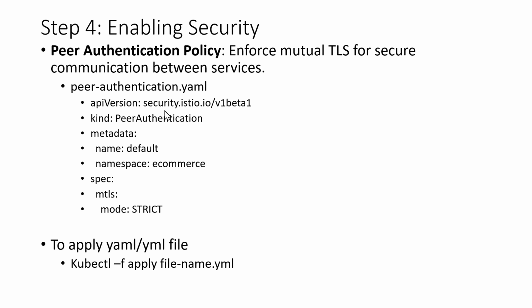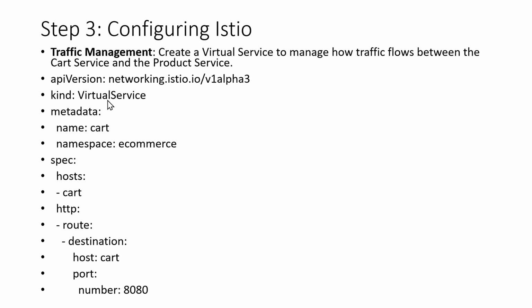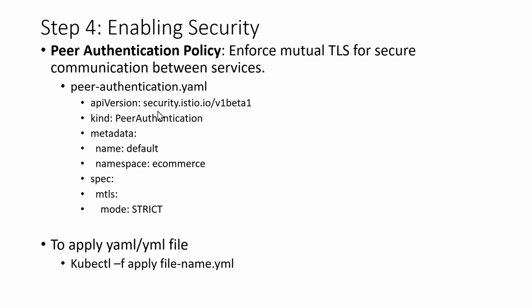The API version here is completely different: security.istio.io/v1beta1. Kind is PeerAuthentication, metadata name is default, and they will use the strict mode. To run all your YAML files, the same command will be used, but the name of the file will differ.